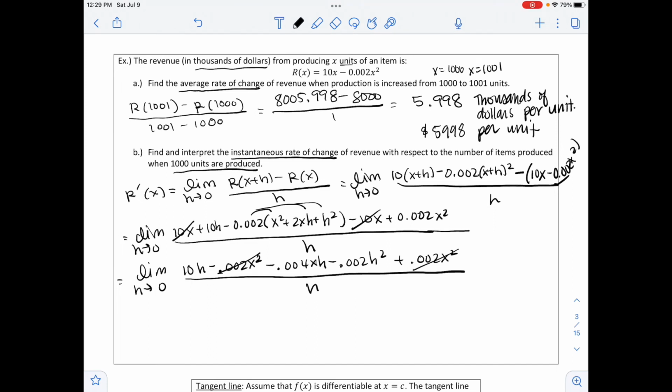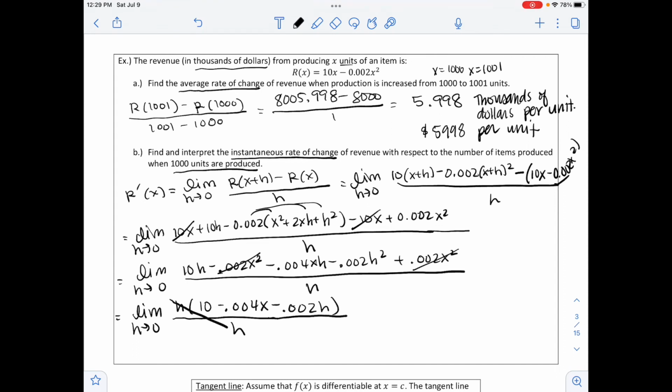From here, all of the terms have an h in them, and I'm going to go ahead and factor that h out. So we have the limit as h approaches 0. You can also factor out a number if you would like. I am just going to factor out the h. And so we have h times 10 minus 0.004x minus 0.002h.